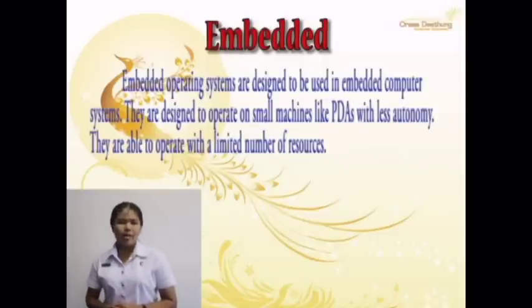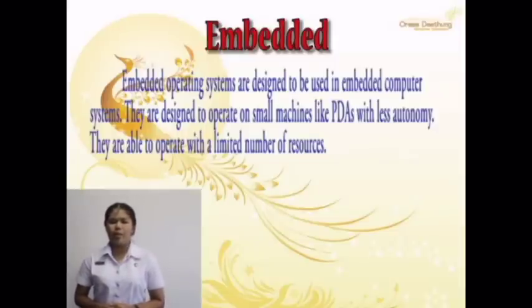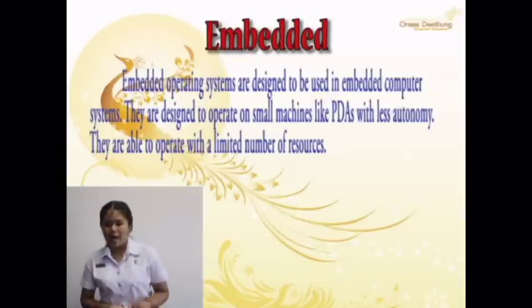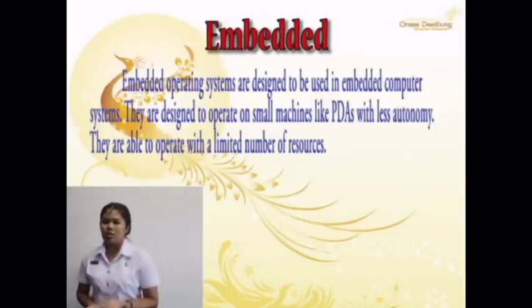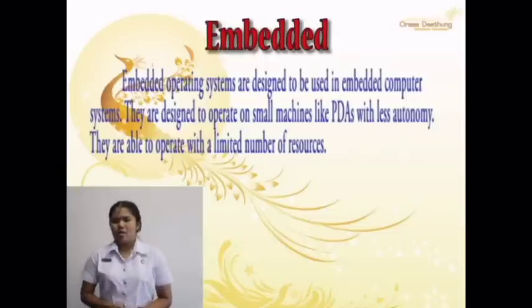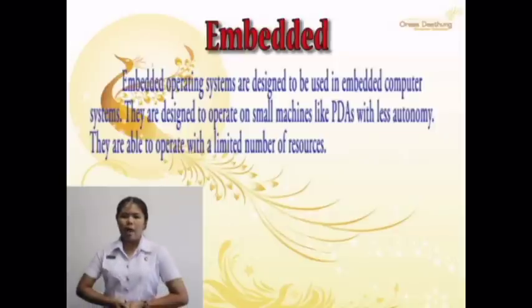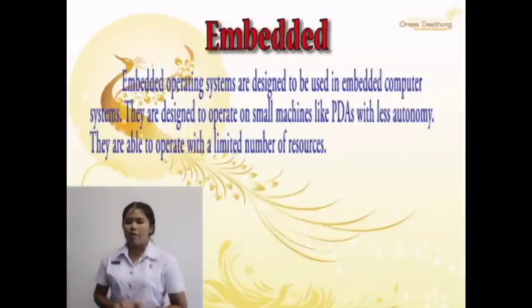Embedded operating systems are designed to be used in embedded computer systems. They are designed to operate on small machines like PDAs with less autonomy, and they are able to operate with a limited number of resources.